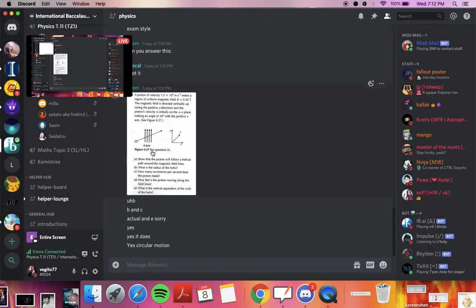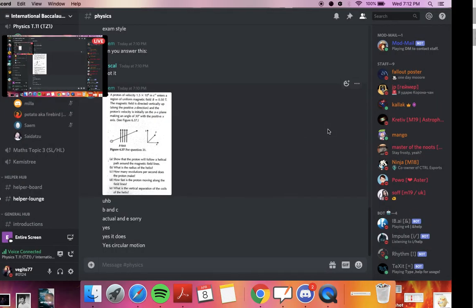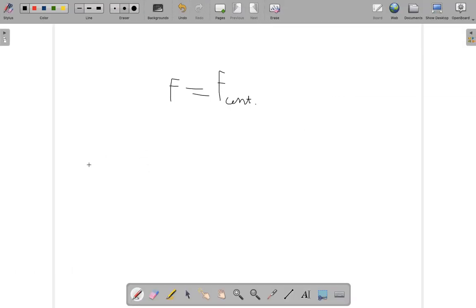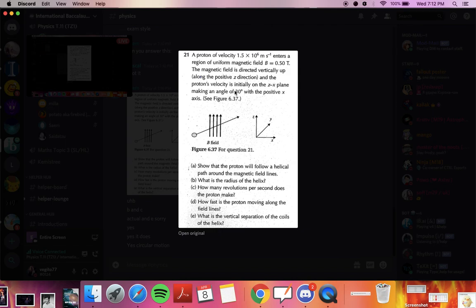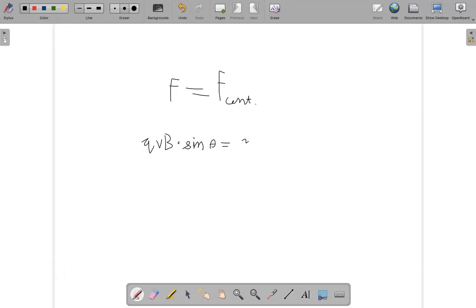And in this case, it's originally coming in at an angle, so you need to include the angle in the equation. So you need q v B times sine theta. And I'm pretty sure over here theta equals 30 degrees, so we can just take it as 0.5. And we equate that to m v squared over r, where r is the radius.